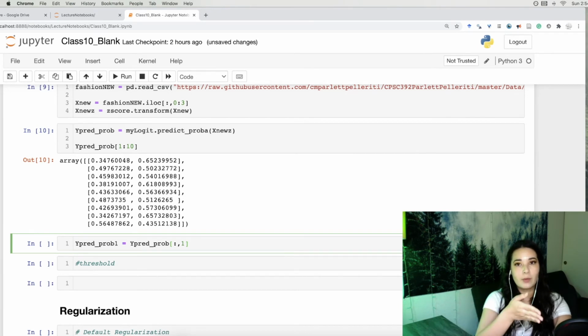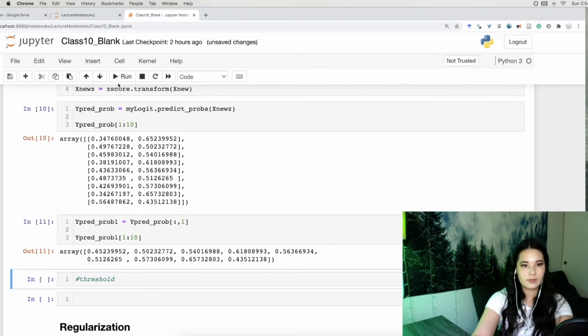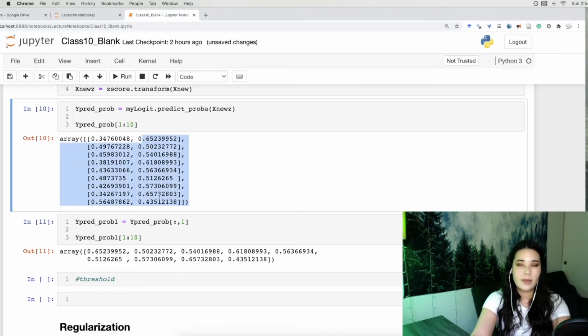Remember, in Python, we begin indexing at 0, so this is the 0th column, and this is the 1 column. Just to make sure we did that correctly, let's say ypred prob 1, and look at the 1 through 10. When we run that, you can see it's identical to that second column that we printed out originally.